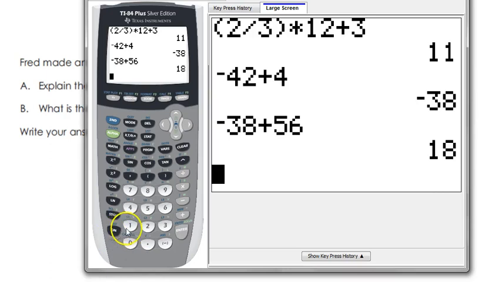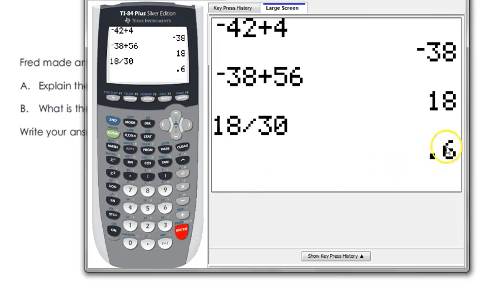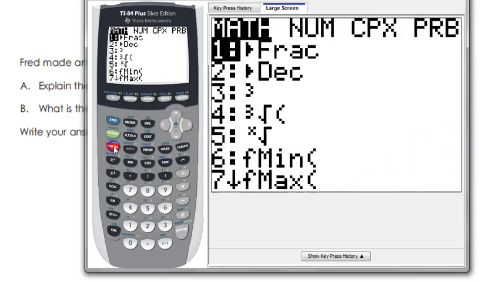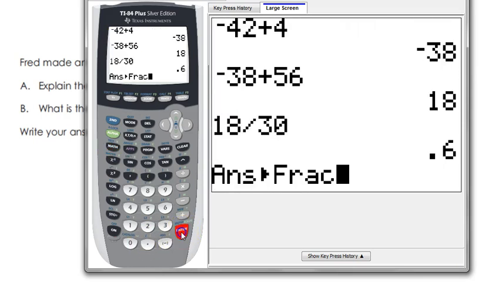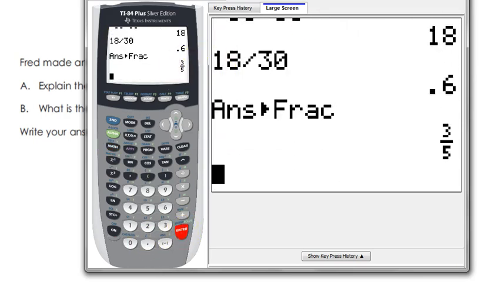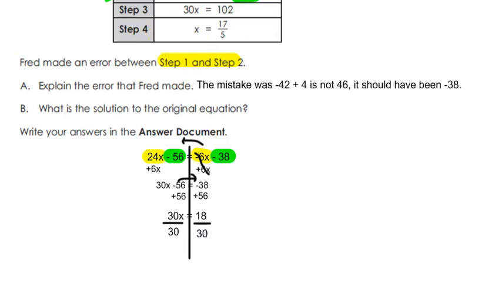So to your calculator, 18 divided by 30. You might be able to get away with leaving it as a decimal. It is a kind of nice decimal, so you might be able to say 0.6. But if you go to math, fraction, there's your simplified fraction, 3/5. That's probably going to be the best answer, considering they left it as a fraction in the original. 3/5 is your answer.